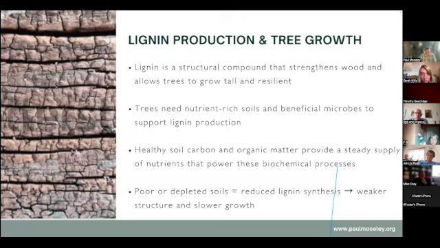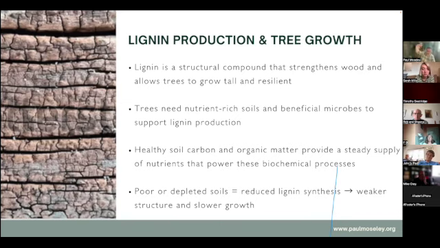So the more the tree is able to access the nutrients from the soil, the more it's been broken down, the more decomposers there are in there, the less wash off there is with the rain or flooding washing away those nutrients, the more that's retained and is bioavailable, the more lignin can be produced, the more the tree can grow, the quicker it can get out and spread its branches to harvest the sunlight.